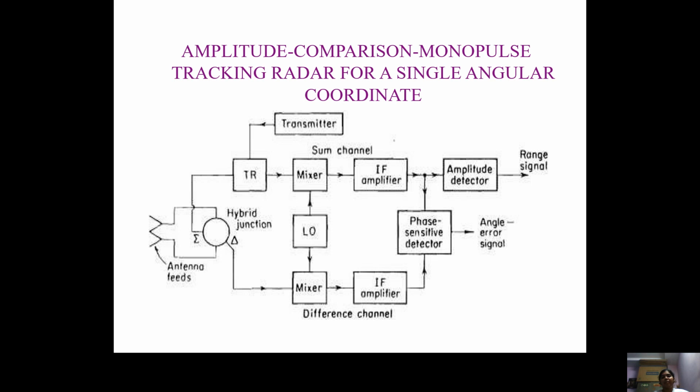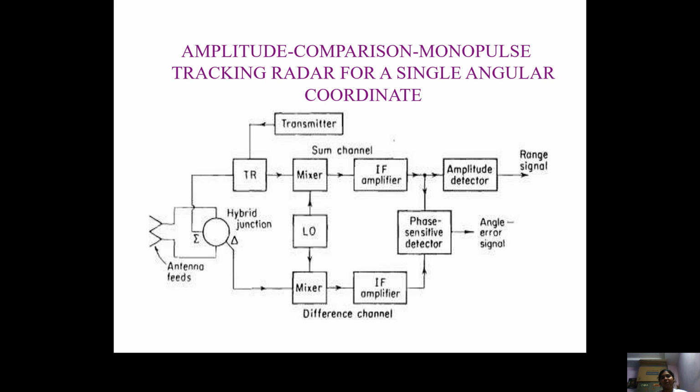The IF amplifier maintains the frequency of the received echo signal, and the signals from the sum channel and difference channel are combined in the phase sensitive detector, where the sum pattern and the difference pattern are multiplied to generate the angular error signal.